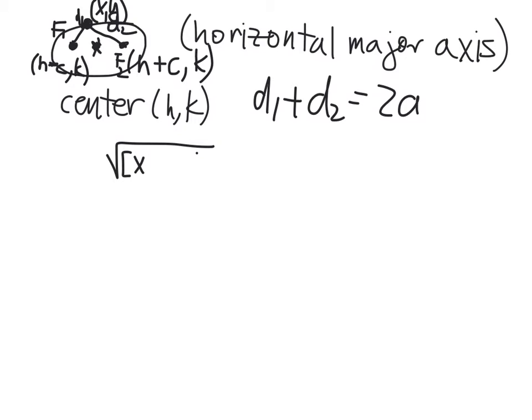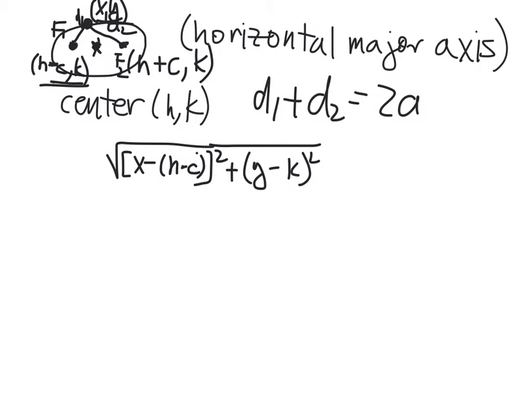So the square root of x minus (h minus c) quantity squared, plus the difference of the y values, y minus k quantity squared.